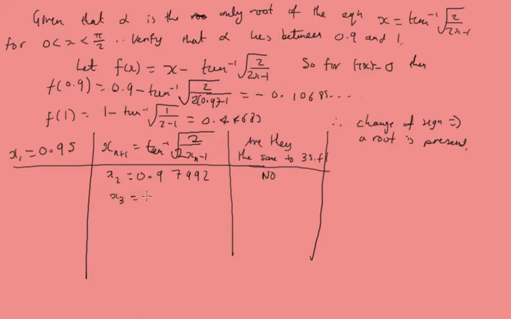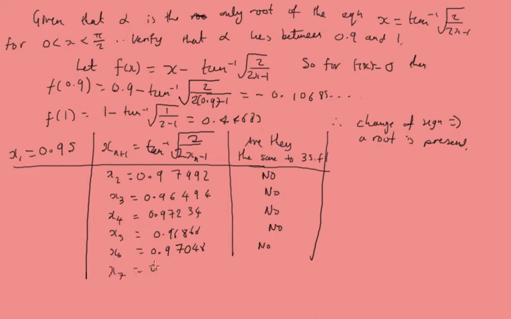x3 is going to be 0.96494, and again, nope, they're not. x4 is 0.97234, and no, they are not. x5 is 0.96866, and again, nope. x6 is 0.97048, and again no, x7 is 0.9695.